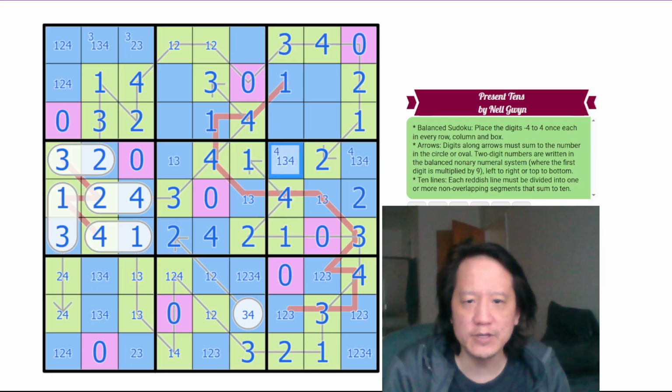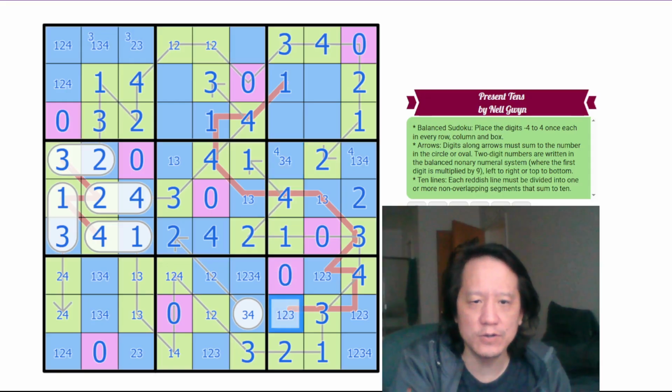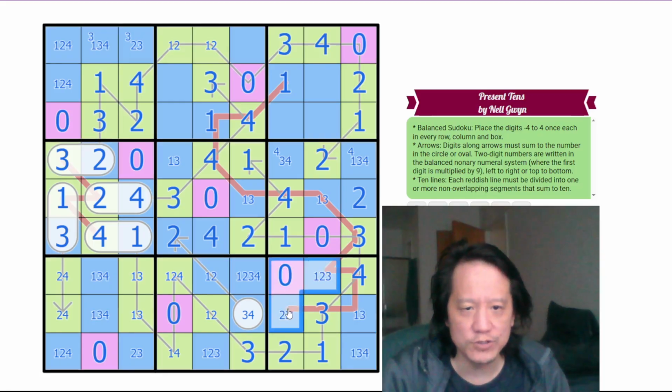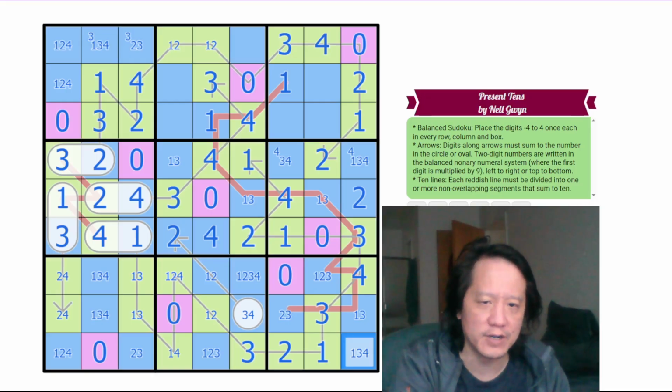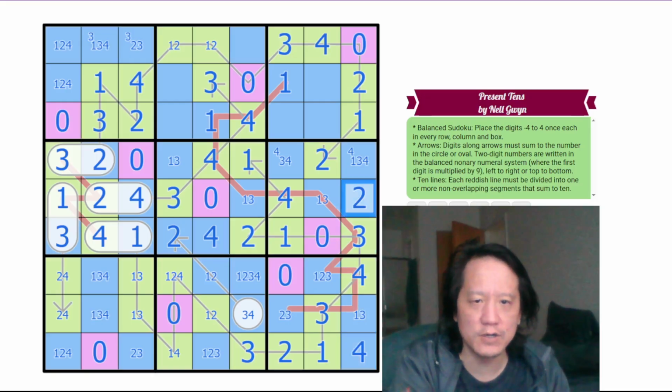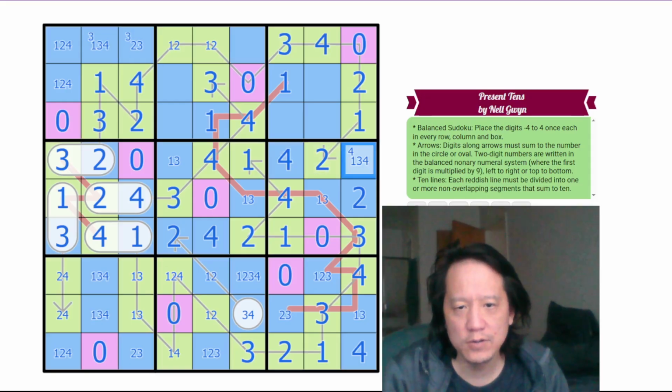So this can't be negative 1 anymore here. No negative 1 here. This is a 1, 3 pair. Negative 1, 3. 2 eliminates 2 here and here. This is a negative 1, 2, 3 triplet in box 9, which eliminates negative 1, 2, and 3 in the rest of the box. So this is negative 4 here, which means this can't be negative 4, so this is negative 4 here.